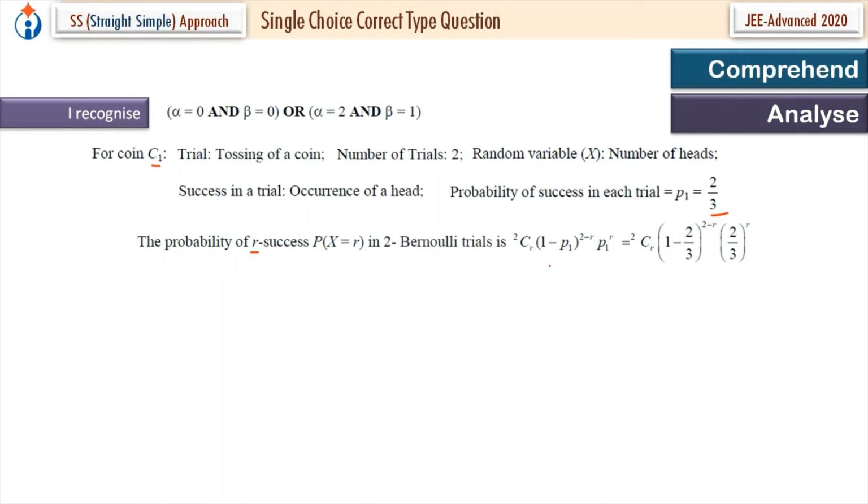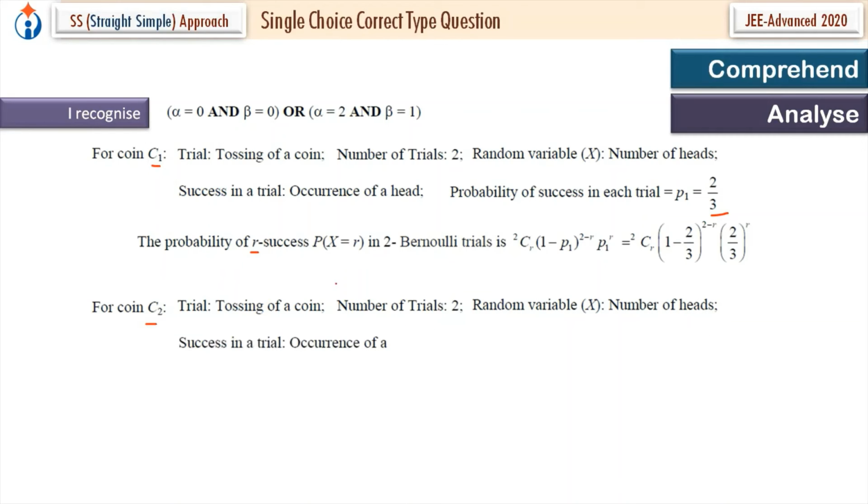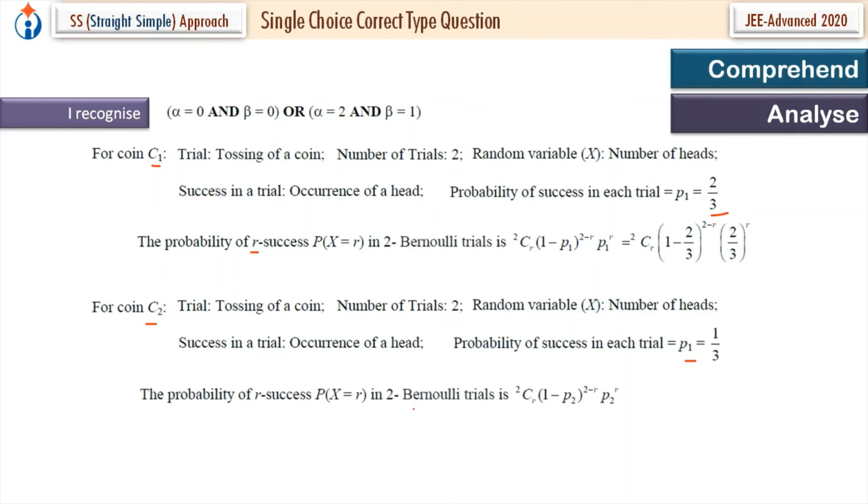We have just put the value of Q, which is 1 minus P1, so we got this value. Similarly for coin C2, the trial is tossing of a coin, number of trials 2, random variable is the number of heads, success in a trial is occurrence of a head, and probability of success in each trial, P2 is equal to 1 by 3. So in two Bernoulli trials, that's the value. We just put the value of P2 here.